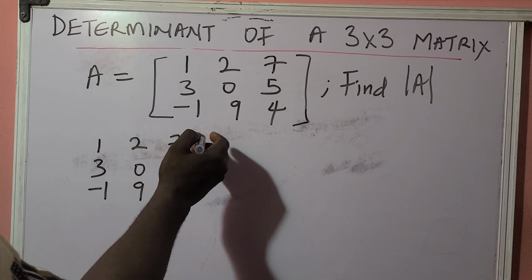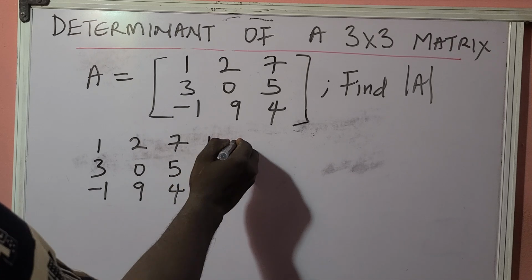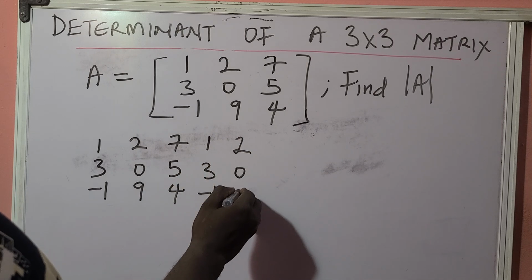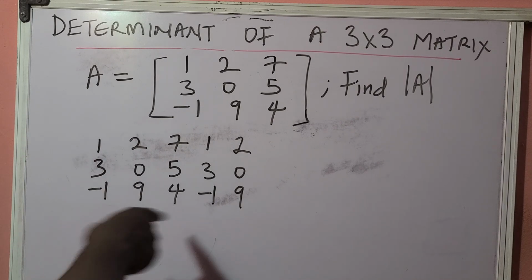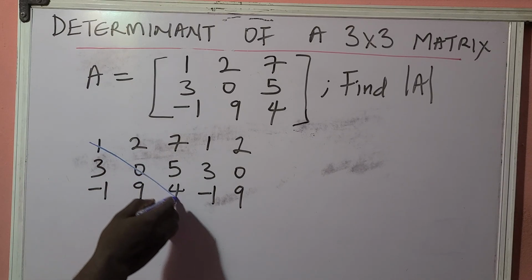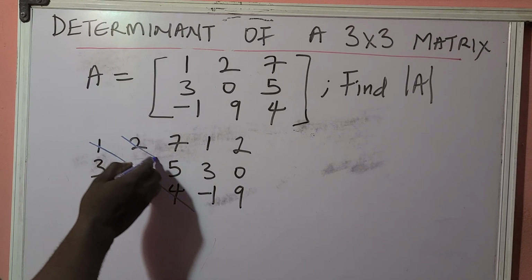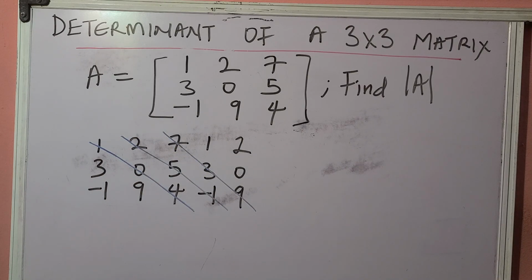So you will write column 1 here, and column 2, just like you can see. Then you identify the leading diagonals, the top left to the bottom right. That's how you pick your leading diagonal. This is one of them. This is the second one. This is the third one. Then you can identify your other diagonals.